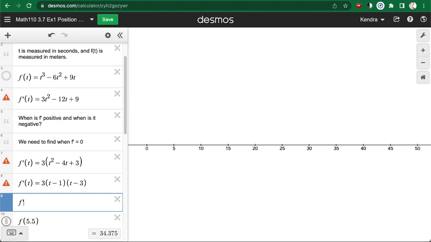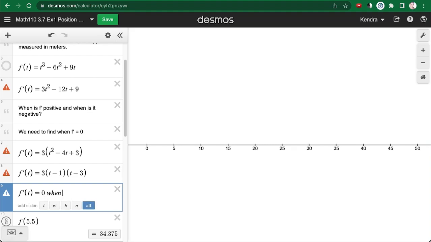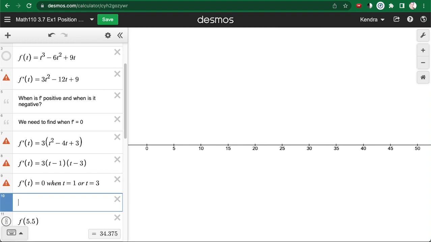So we have f prime of t equals 0 when t equals 1 or t equals 3. In this case, I'm only looking for t greater than or equal to 0. So I'm going to look at 3 time intervals: the time interval from 0 to 1, the time interval from 1 to 3, and the time interval beyond 3 seconds. So there are 3 time intervals.